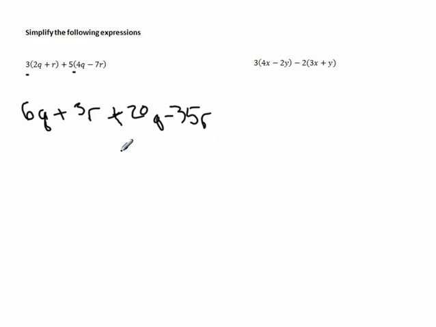And now we can combine any like terms. We'll have a positive 6q and a positive 20q, which gives me 26q. And then I have a positive 3r and a negative 35r, which gives me negative 32r.